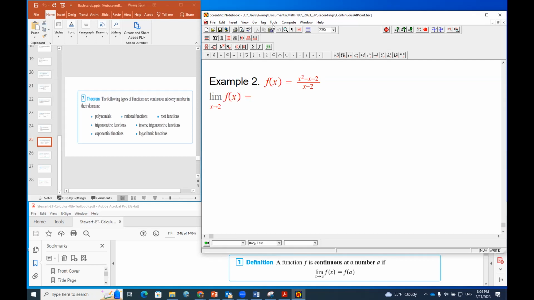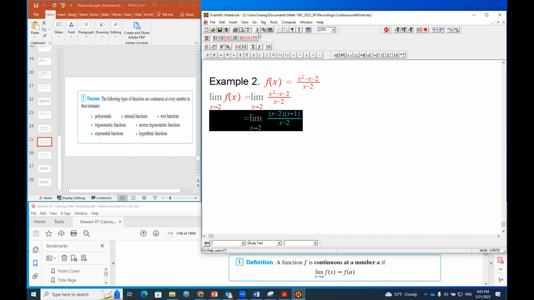If we try to work out the limit, you guys probably would take no time to get this done. In order to find the limit, we're going to factor the numerator. When we factor the numerator, we get x minus 2 multiplied by x plus 1.